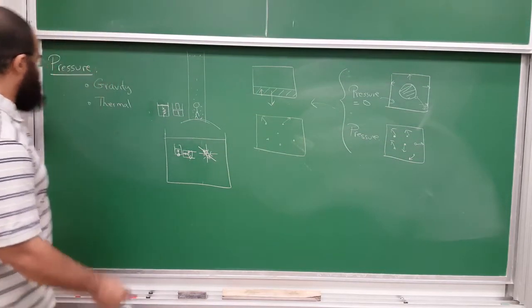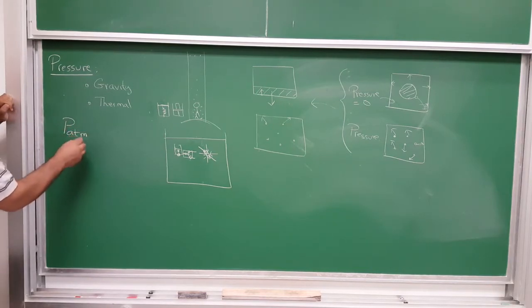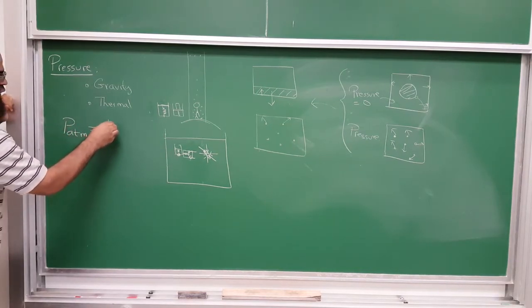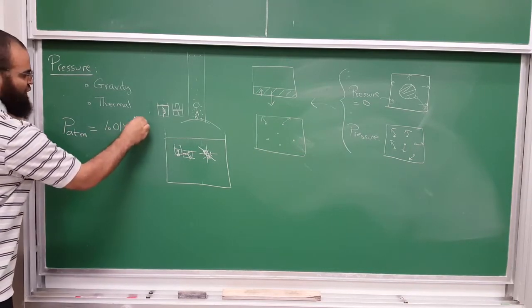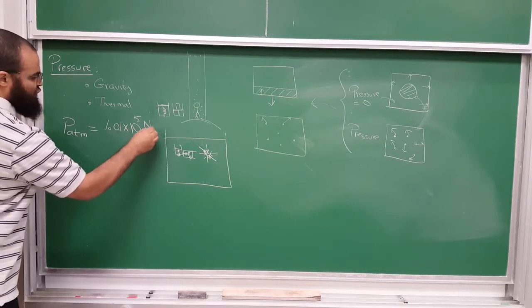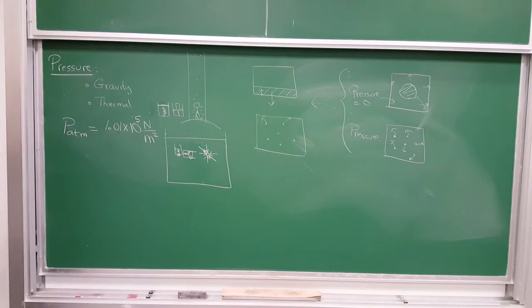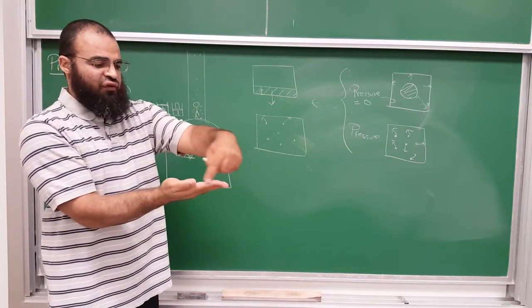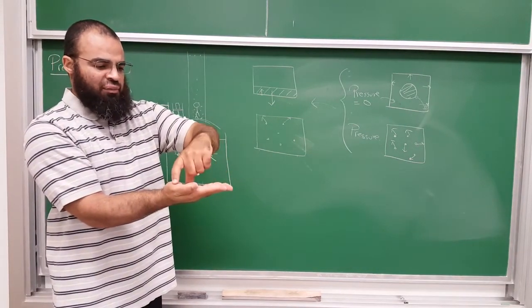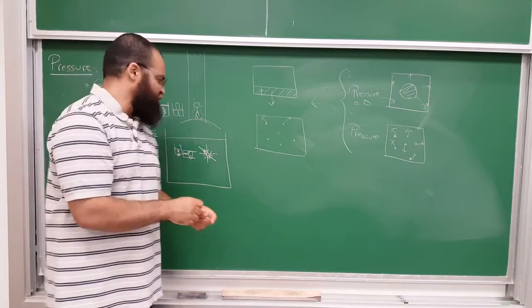And the pressure due to the atmosphere, atmospheric pressure, is 1.01 times 10 to the 5th newtons per square meter. So, for example, if I want to calculate the pressure of the atmosphere on my hand, let's say it is 15 centimeters by about 10 centimeters.